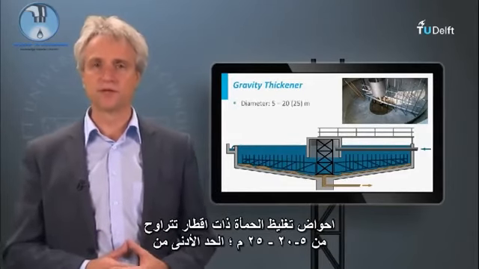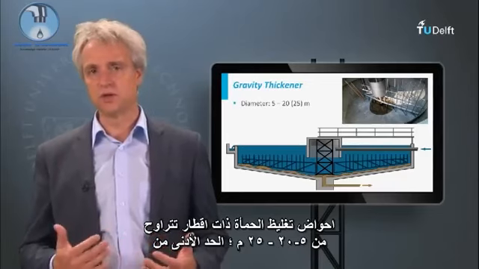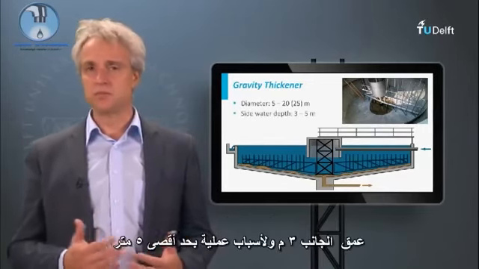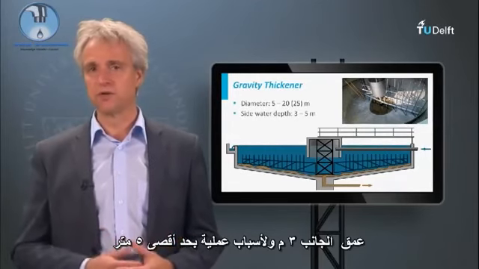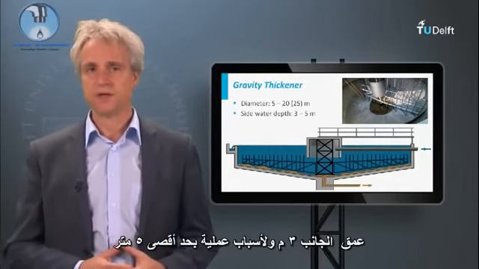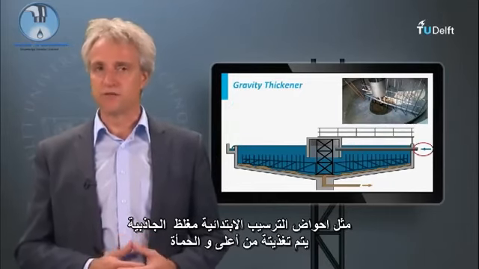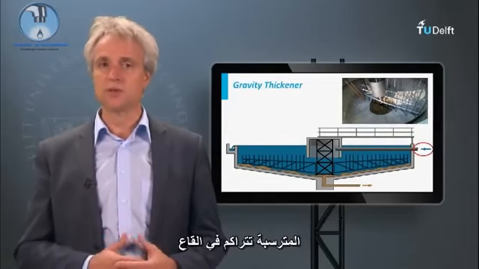Implemented diameters for thickeners vary from 5 to 25 meters. The sidewater depth amounts to a minimum of 3 meters and for practical reasons a maximum of 5 meters. Similar to a primary clarifier, the gravity thickener is fed from the top and the thickened sludge accumulates at the bottom.